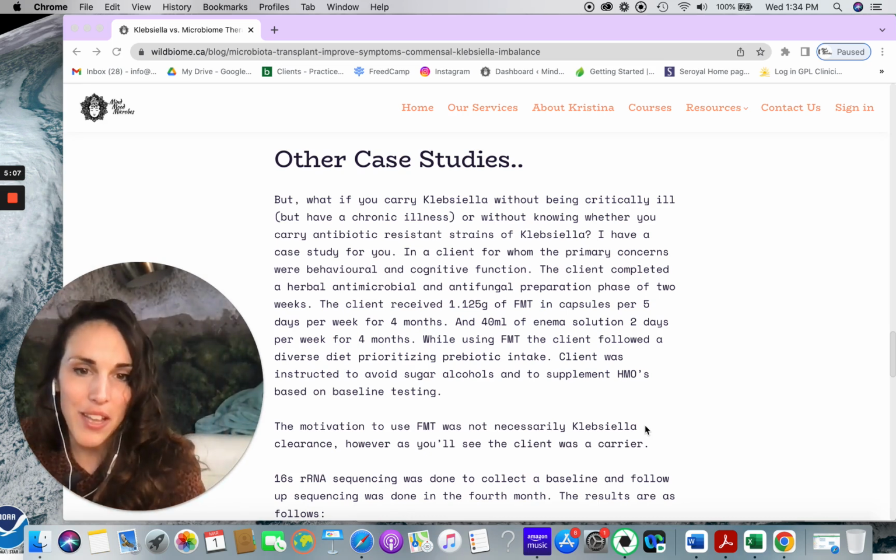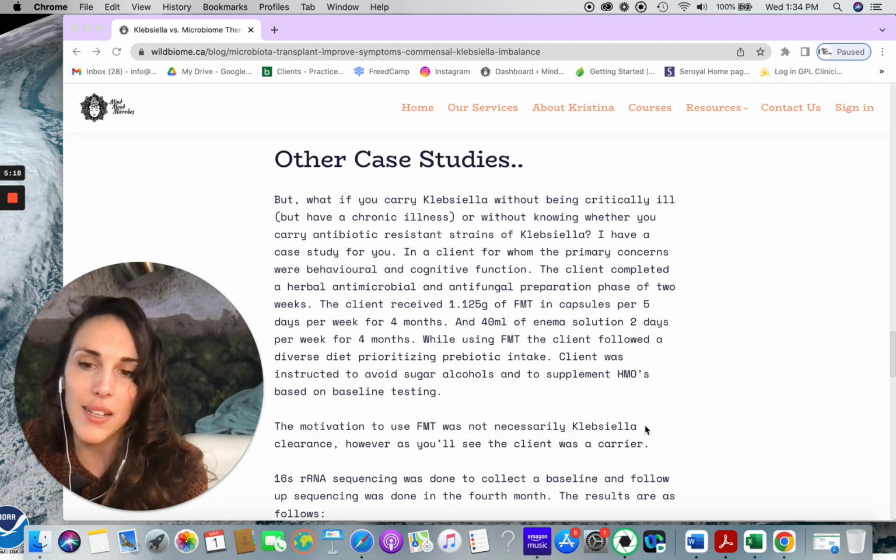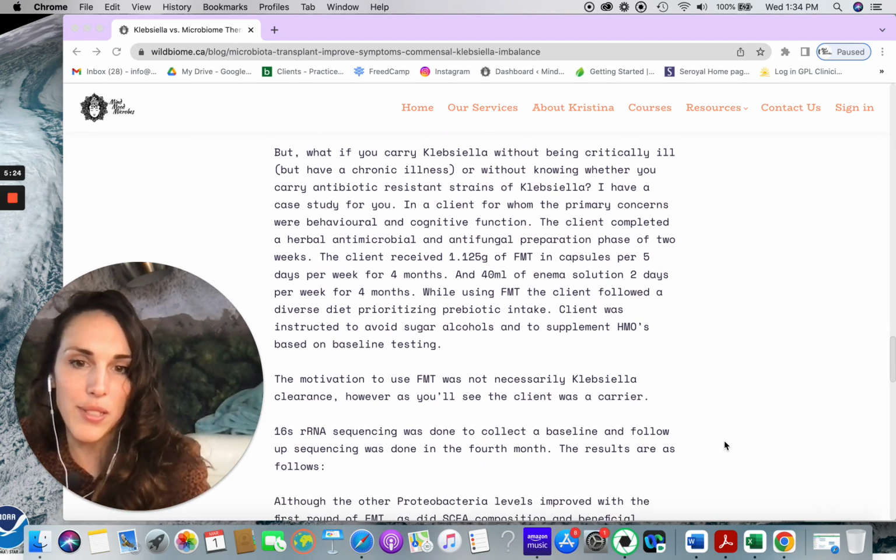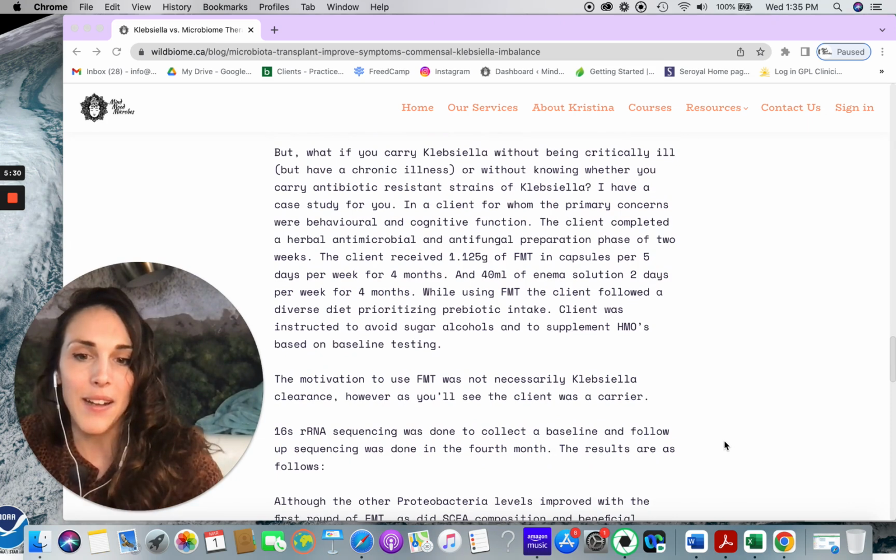They administered the FMT daily without any nutritional adjustments, so the macronutrients stayed the same. It's really a balanced intake of carbohydrates, fats, and protein, and eliminating processed foods and processed sugar. Those were the few changes that were made to start with.